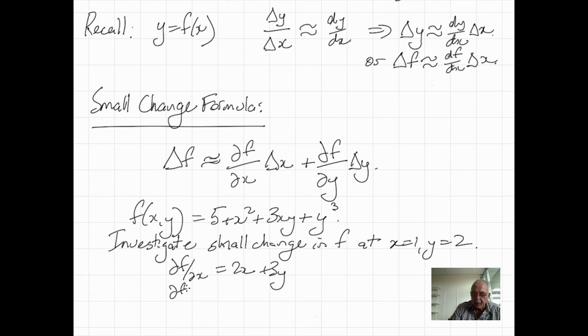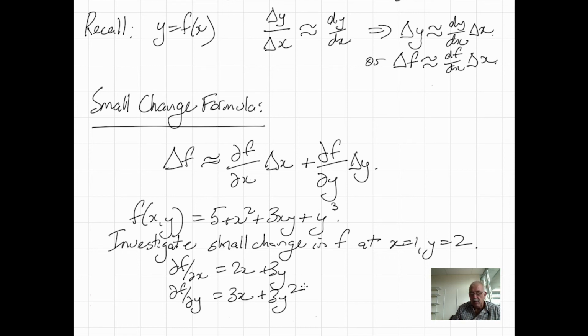And the partial derivative of the function with respect to y, making x constant: the derivative of 5 is 0, the derivative of x squared is 0, and if x is constant, then the derivative of 3xy will be just 3x, and the derivative of y cubed will be plus 3y squared.